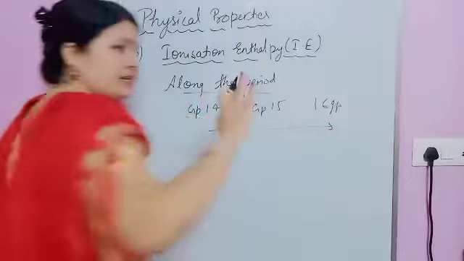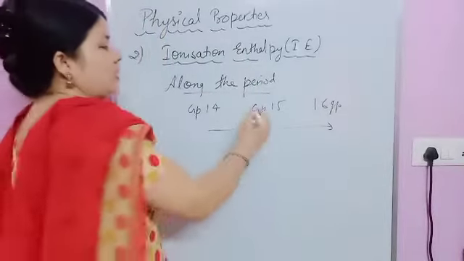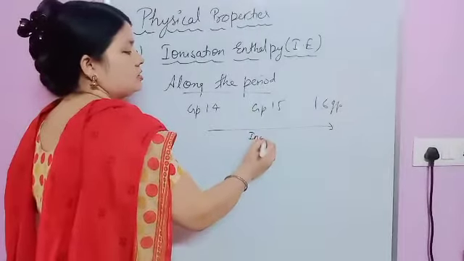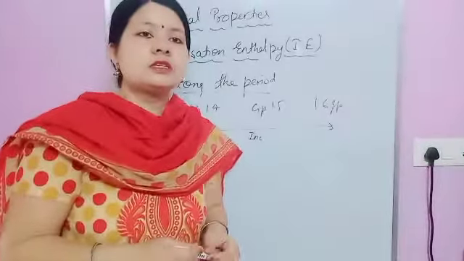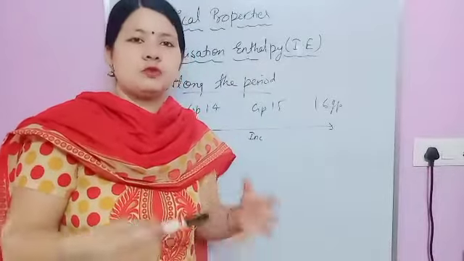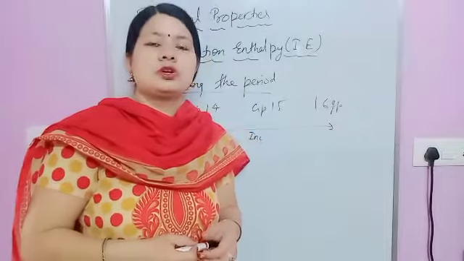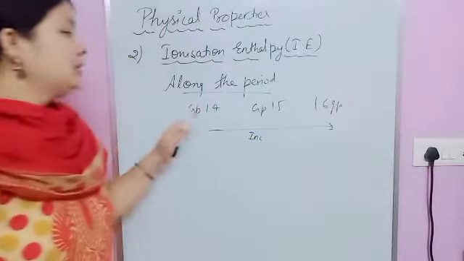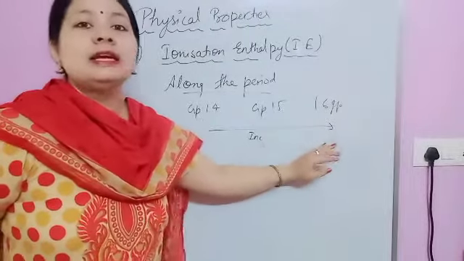Normally, as a general case, as we move across the period, ionization energy increases. The reason is that Z effective increases, the force of attraction increases, size decreases, and more energy is required to remove the electron. That's why ionization energy increases.